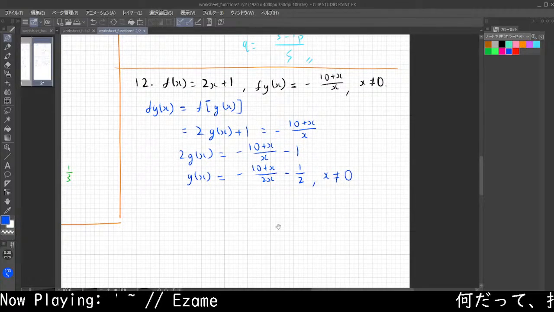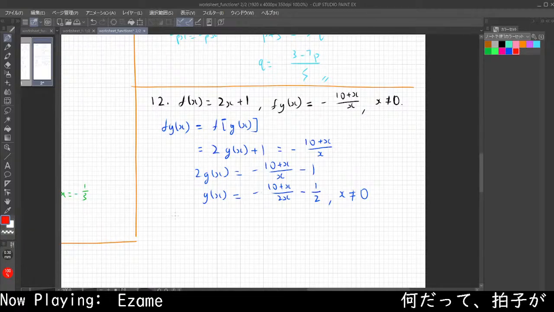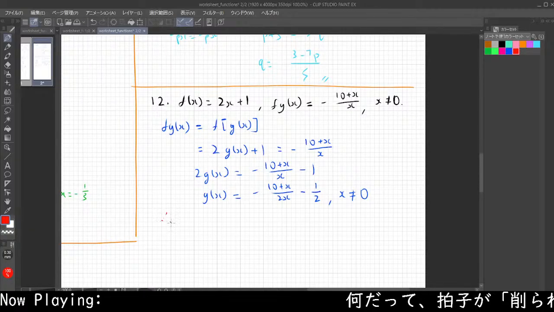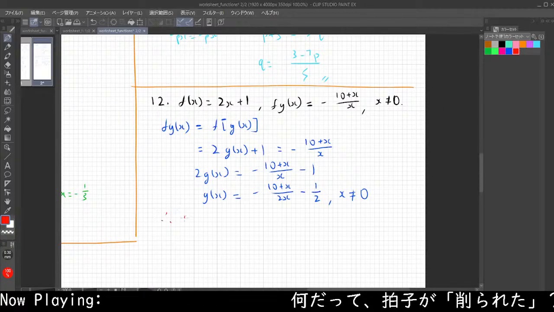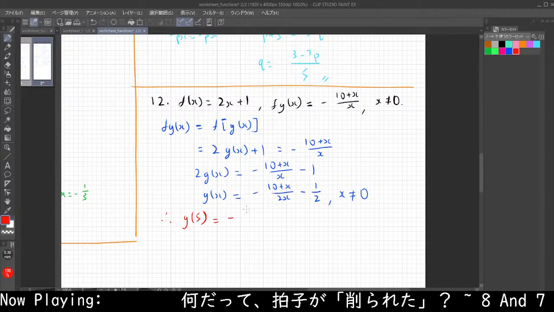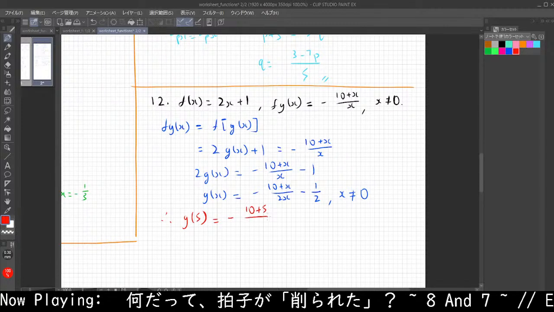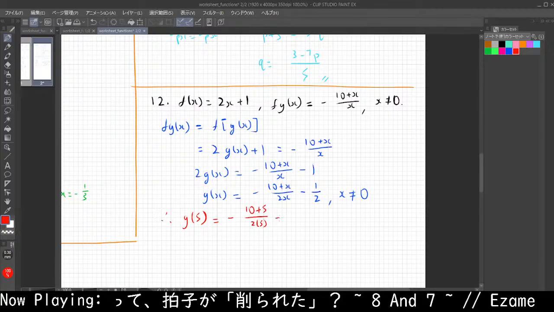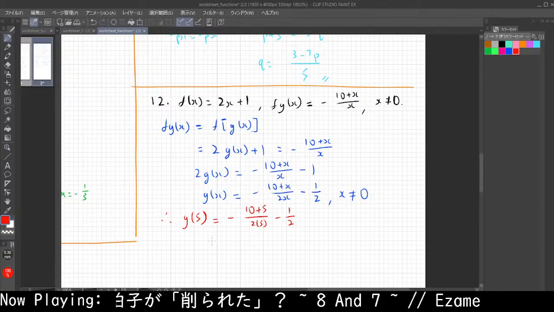Oh wait, g(5). Sorry, g(5). We were distracted by the lorry. g bracket 5 equals negative 10 plus 5 over 2 bracket 5, minus 1 over 2.